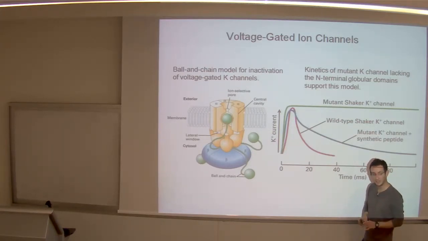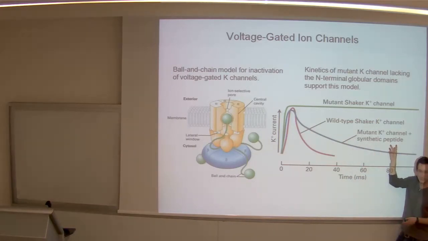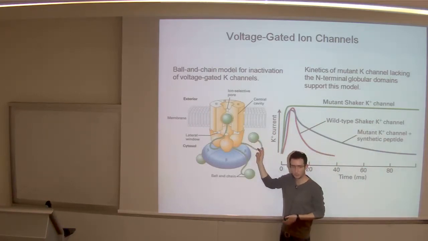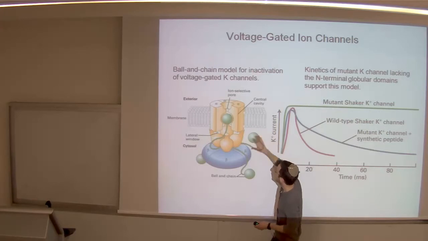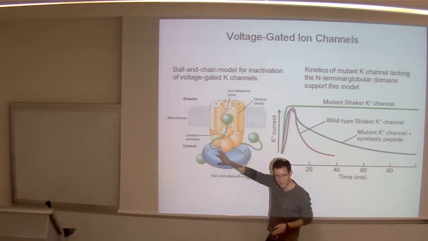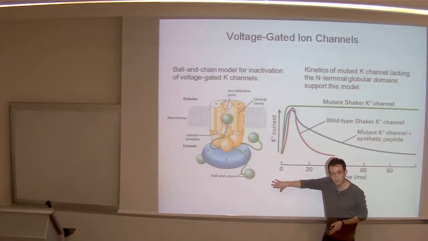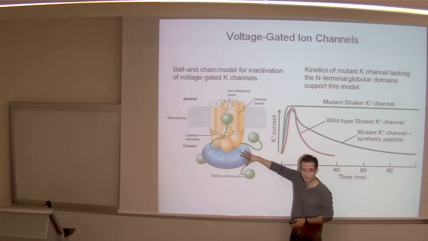So what they did is they added to the solution synthetic peptides that structurally mimic the inactivation globular domains. So now you have a voltage-gated potassium channel with no inactivation domains, but in the solution, swimming around, you have synthetic peptides of the globular domains that are unlinked to the protein.